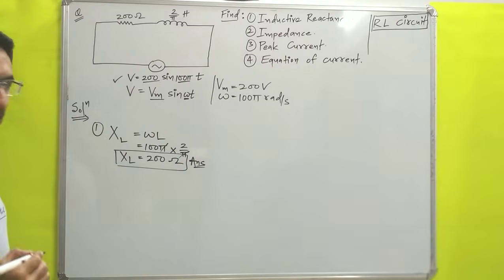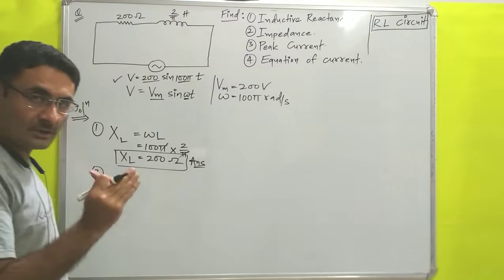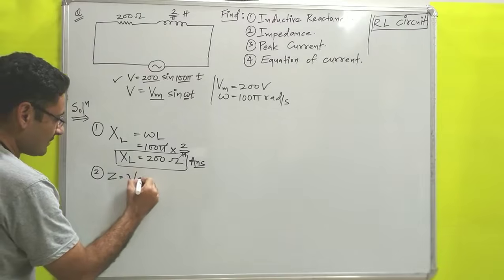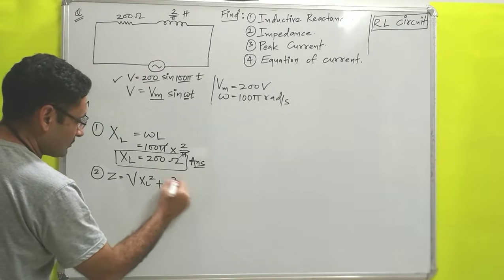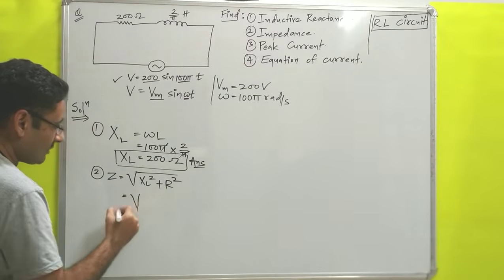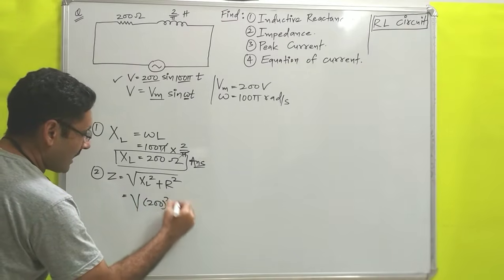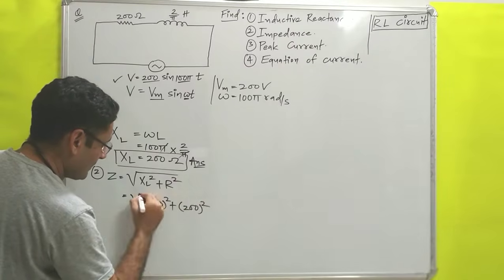Okay, move on to the next. Next is impedance. Impedance is the total resistance, Z = square root of (XL squared plus R squared), which we have already derived. XL is given, so 200 squared, plus R is given, R is 200, so that is also 200 squared.